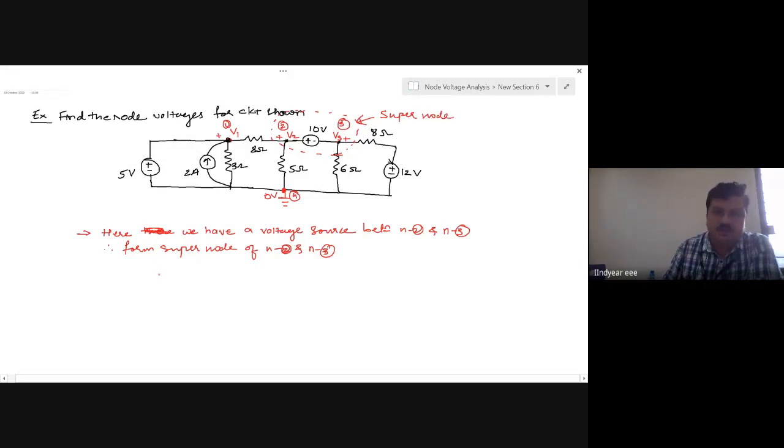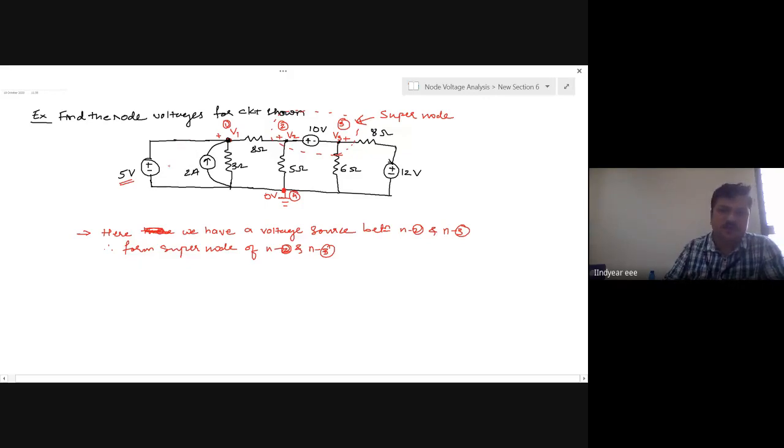Okay, and one thing we observe here is this is a general case. See, the 5-volt source is existing between node 1 and ground directly. Purposely, I have taken out the resistor which was present here in series with this 5-volt source.